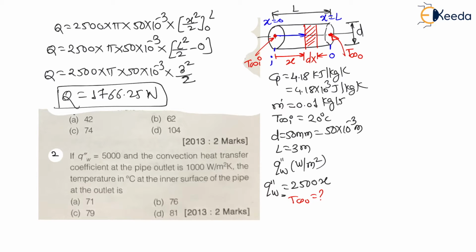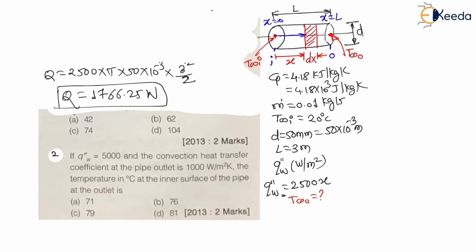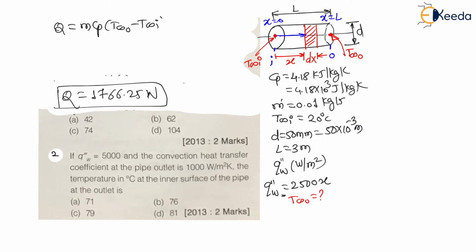Therefore, mCp (T infinity O minus T infinity I) will be the heat transfer. Here from the heat flux equation we got the total heat transfer in watt. So my dear students, this total heat transfer in watt, for water, this heat is used to increase the temperature of water, and from thermodynamics it is equal to mCp (T infinity O minus T infinity I).